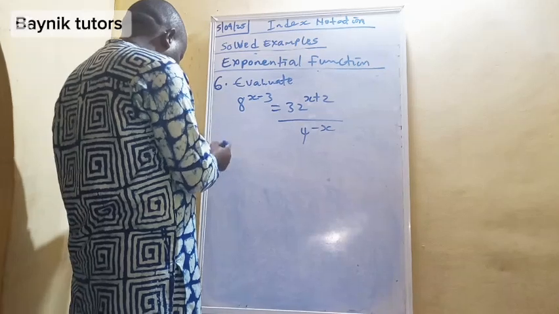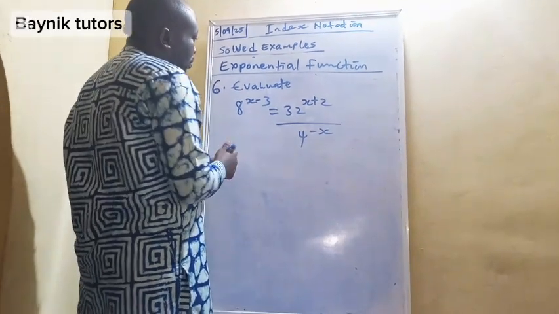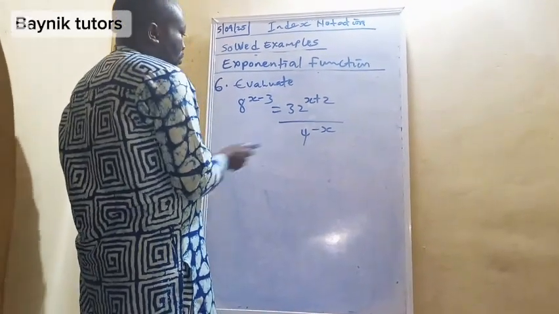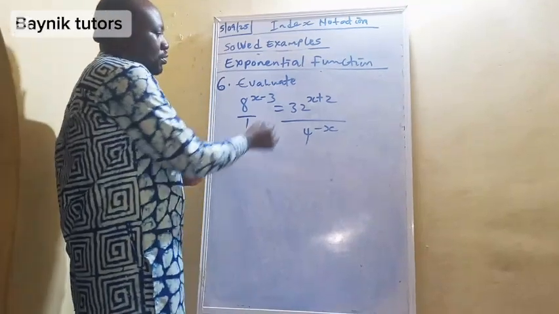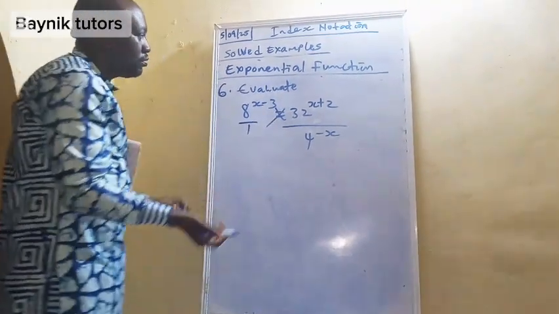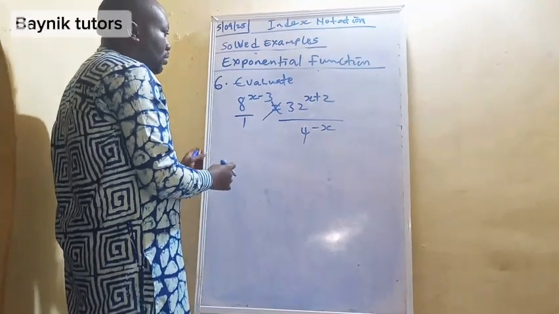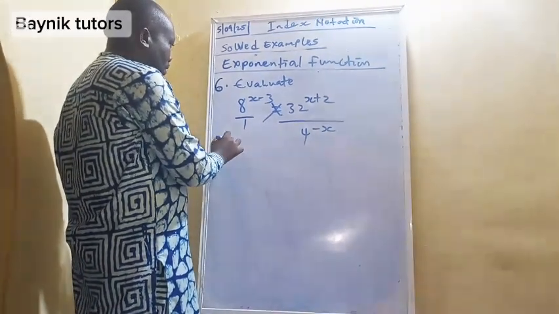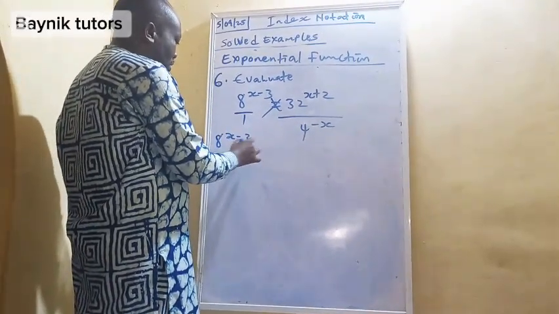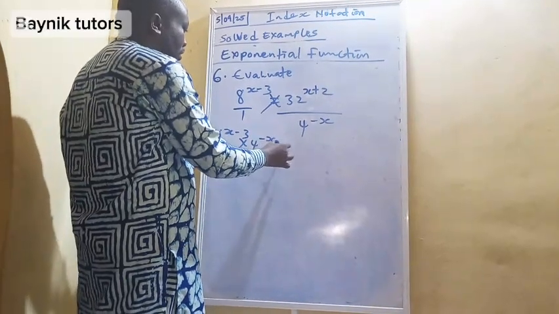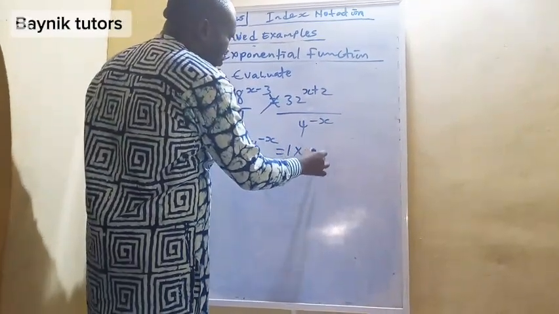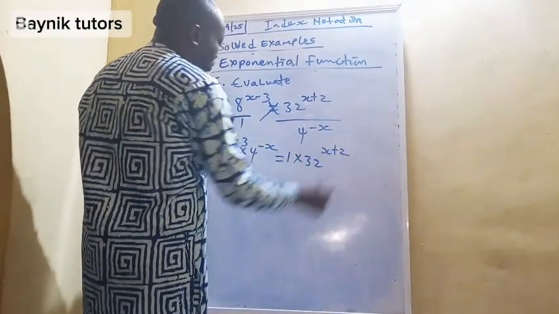Now we are trying to solve this. If we are to solve this, what we need to do is we can place this as over 1. We now cross multiply. This will be 8 raised to power x minus 3 multiplied by 4 raised to power minus x is equal to 1 times 32^(x+2).